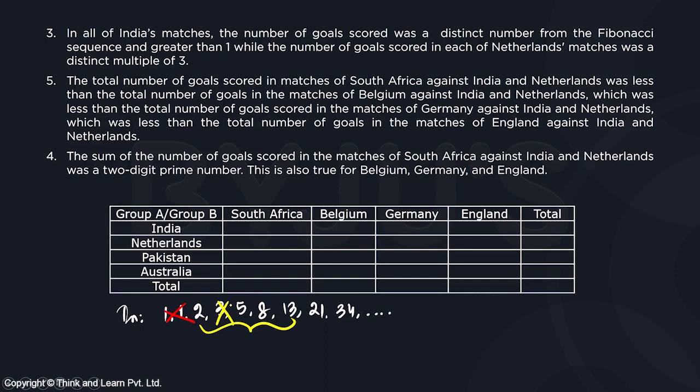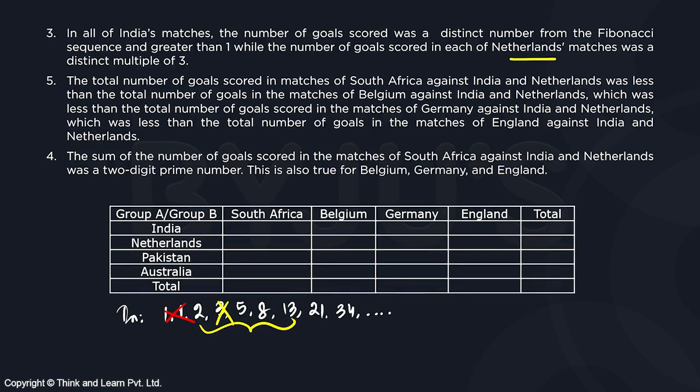We are supposed to add some number to 3. That will make us a number in the multiple of 3, because for Netherlands it's already a multiple of 3. So if India has 3 and Netherlands has some number in the multiple of 3, their sum will be a multiple of 3 and it won't be a prime number. So we can't take 3 for India.